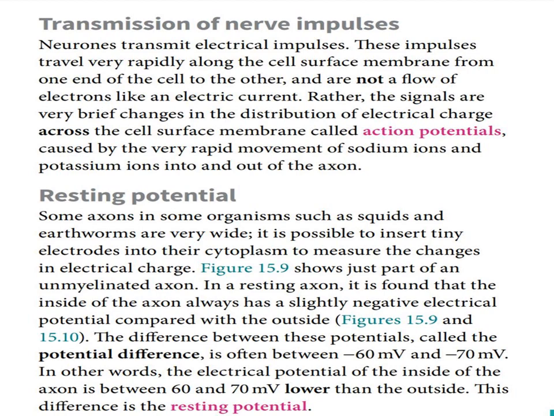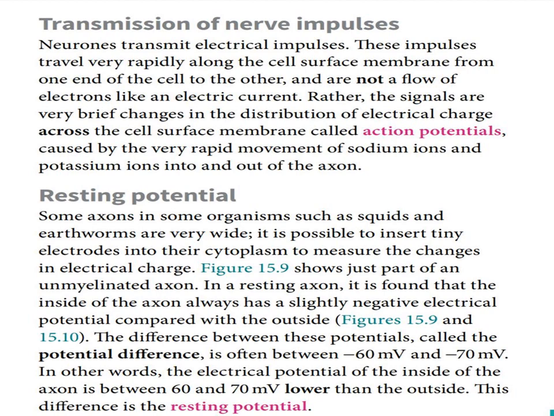Transmission of nerve impulses, like we now do know that they involve ions, so it will be very rapid, right? The flow of information in the form of impulses involves changes in the distribution of electrical charge around the cell surface membrane called action potential, and we will talk about this in detail, how an impulse is transferred from one part of the body to the other, whether it is sensory or motor.